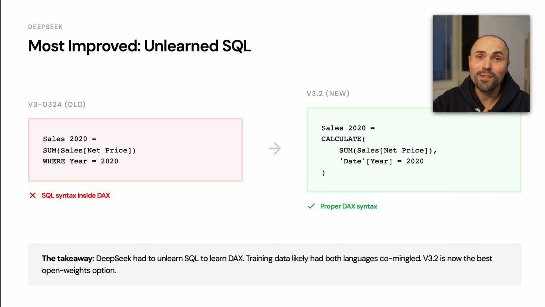On the right, it actually produced valid DAX. On the left, the model was confused about which language to use, and it used a mix of both. On the right, it learned to separate different languages and stay coherent. It's now one of the best open-weights models for Power BI, period.